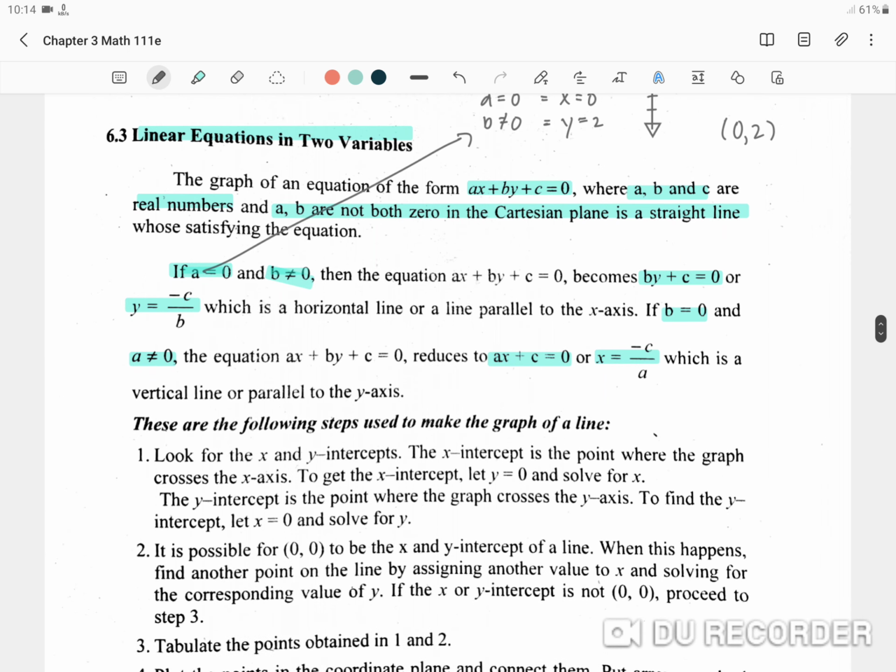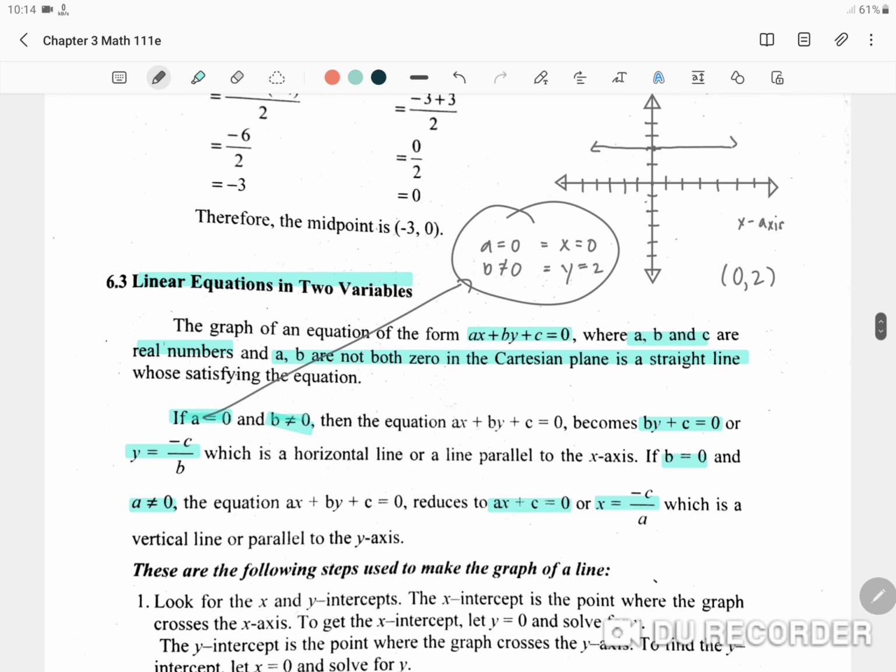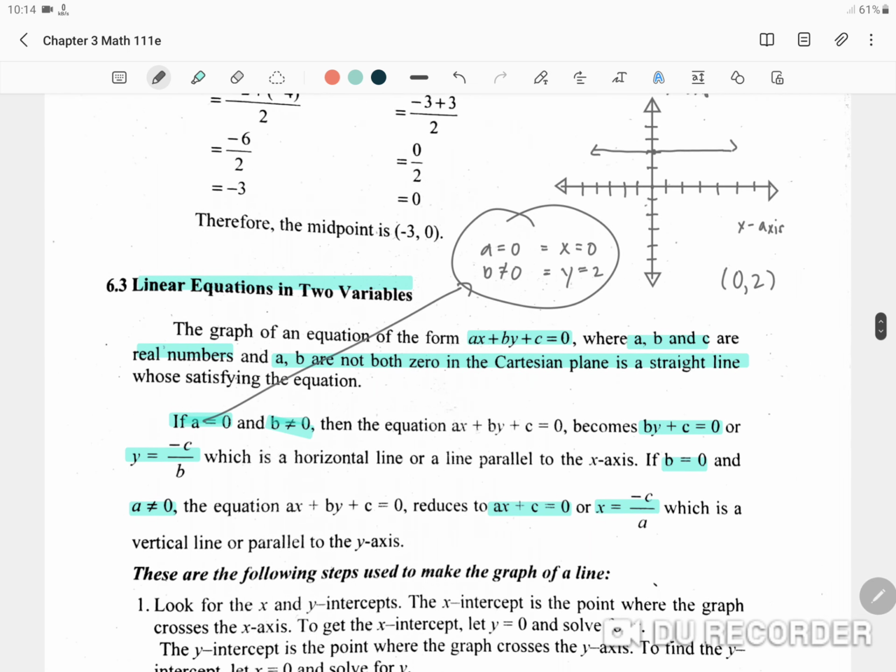If naman, kabaliktaran yung mangyayari. Sabihin natin, if a is not equal to 0 and b is equal to 0, meron tayong parallel line sa y-axis. Ulitin natin, or let's make it a little bit clearer.